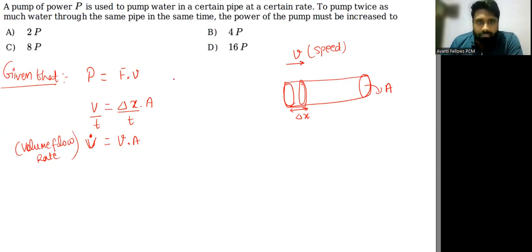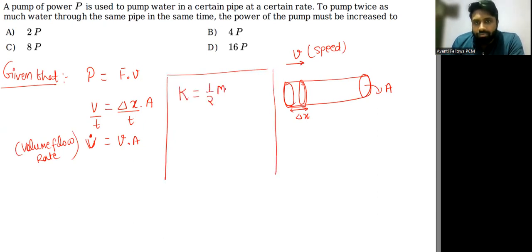Now, if I talk about how much mass has been covered, in kinetic energy we know that kinetic energy is nothing but 1 by 2 times m v square. Mass is nothing but the density of this liquid multiplied by the volume. This V and this small v are different.